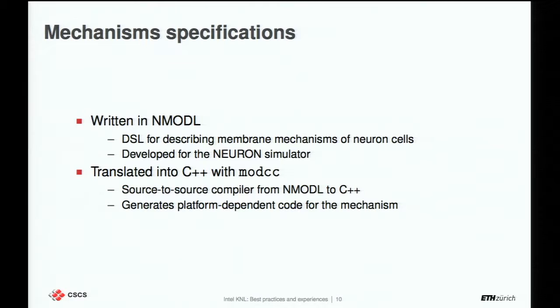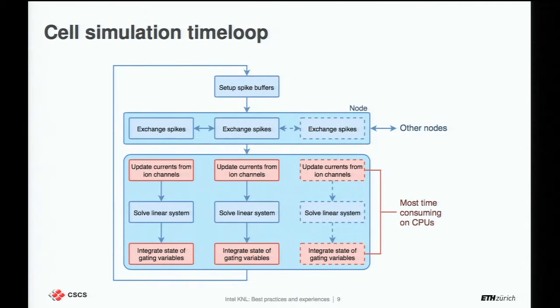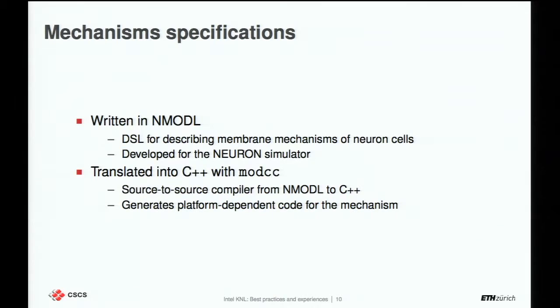So the key thing now is that the code associated with these steps can be generated from this domain-specific language. The user can write in this language, and this is translated to the most time-consuming part of the kernel. So it is crucial to implement this efficiently.